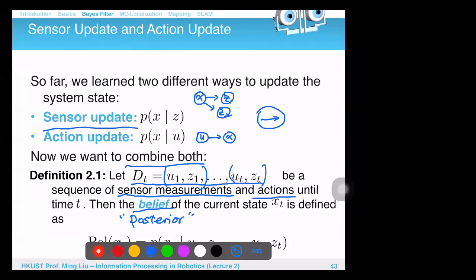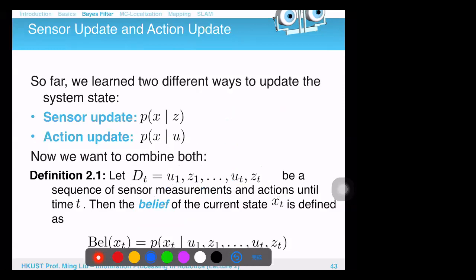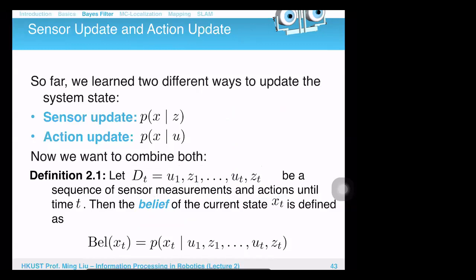Based on your previous prior and what you observe now, which is the likelihood, that gives you the belief. So finally, it's a posterior of the current state xt. The belief of xt is the posterior of xt given all your previous controls and previous observations. This is clear, right?